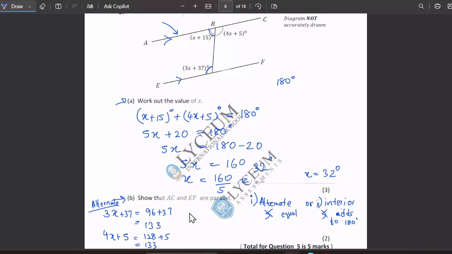So 3x plus 37 equals 4x plus 5 because 133 equals 133. Therefore, AC and EF are parallel. We can say alternate angles.